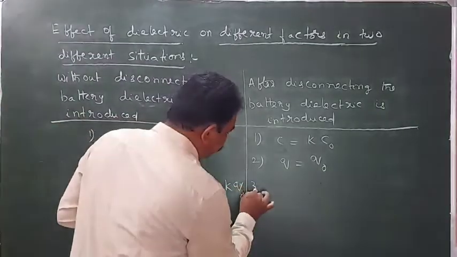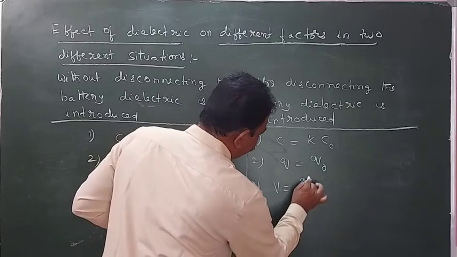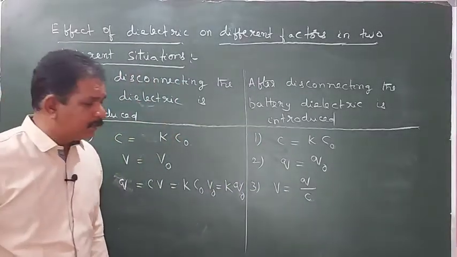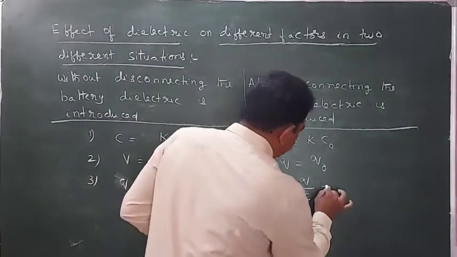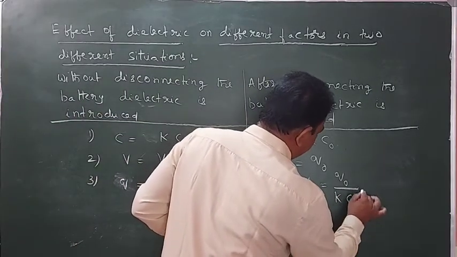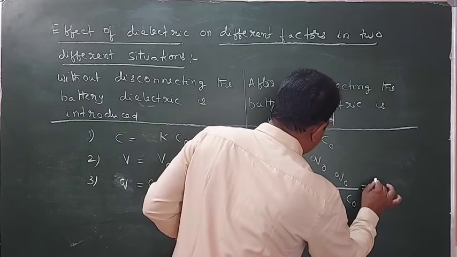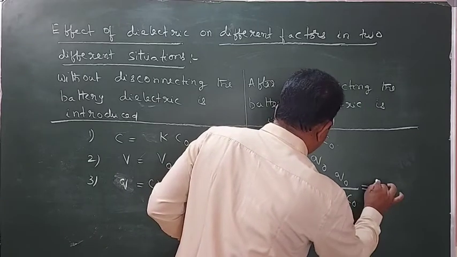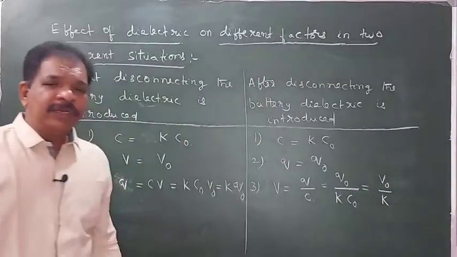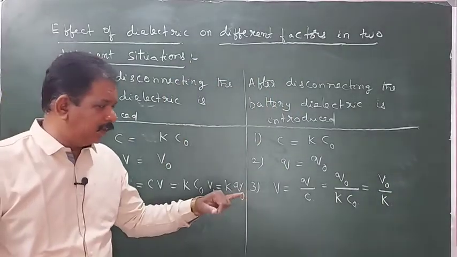Here what will happen to the potential? V is equal to Q by C because Q is equal to CV. Then Q naught same only. C value K C naught. So this value V is V naught by K. Q naught by C naught will be V naught.